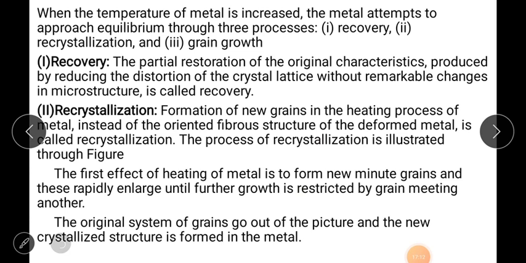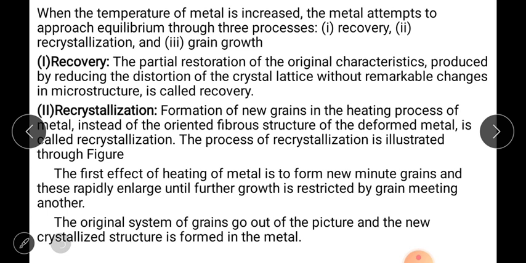Next we will have to study three definitions, that is recovery, recrystallization and grain growth, that you have studied in manufacturing process 1 also. When the temperature of the metal is increased, we are studying the casting process. In the casting process, we first manufacture the mold from the molding sand by using a pattern. After removal of that pattern, we obtain the mold cavity in the sand mold.